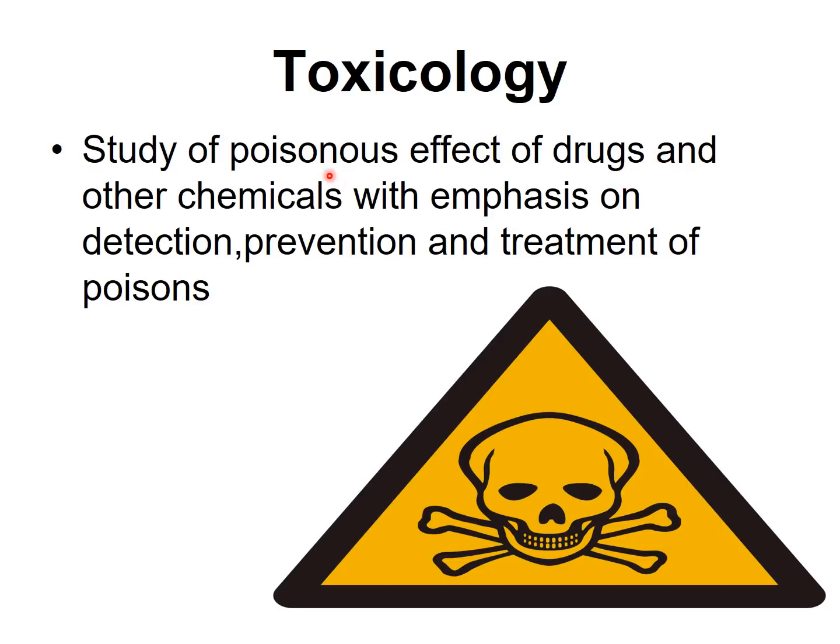So in toxicology, we discuss the poisonous effects of the chemicals like drugs, emphasizing its detection. See, toxicology covers the detection of the poisonous substance. Sometimes poisoning with some chemicals or drugs may lead to some changes in the body.